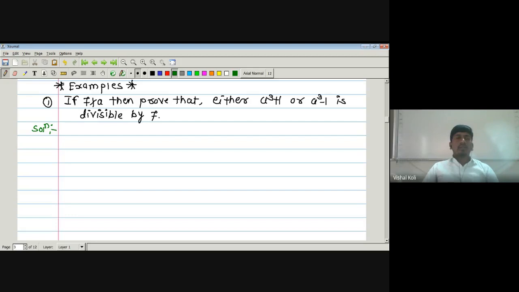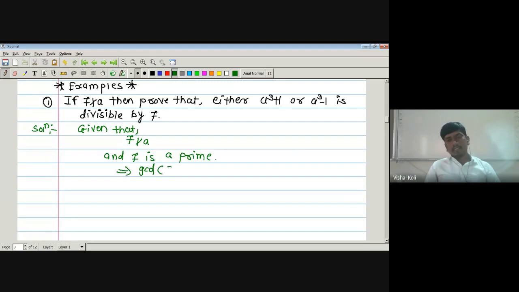Given that 7 does not divide a, and 7 is a prime. As 7 is a prime number and 7 does not divide a, what is the GCD of 7 and a? 1.